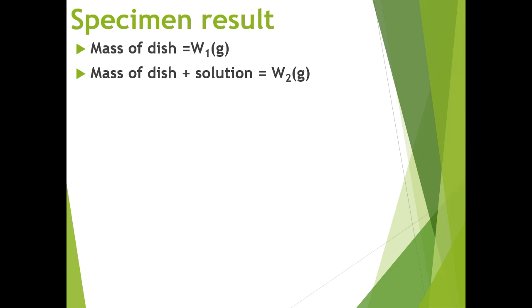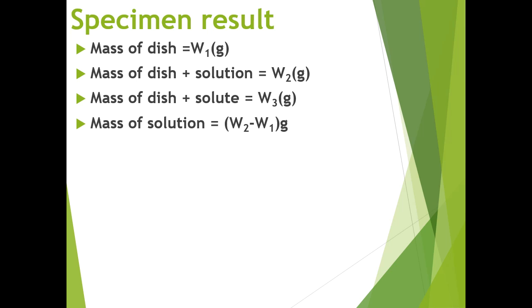Now, assume from the experiment you obtain the following specimen results. Mass of dish is equal to W1 in gram, mass of dish plus the solution is equal to W2 in gram, mass of dish plus solid is equal to W3 in gram.